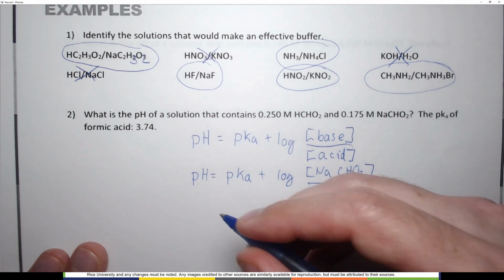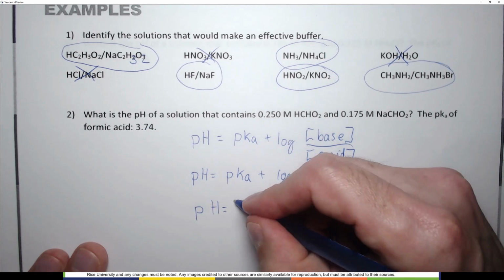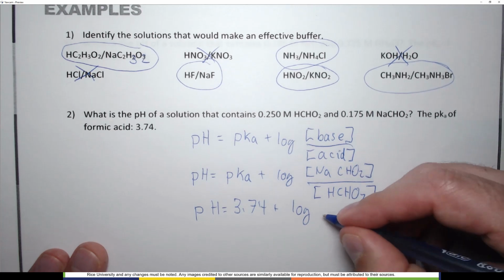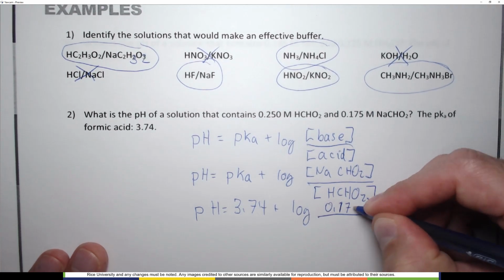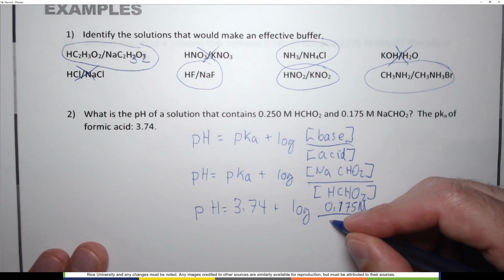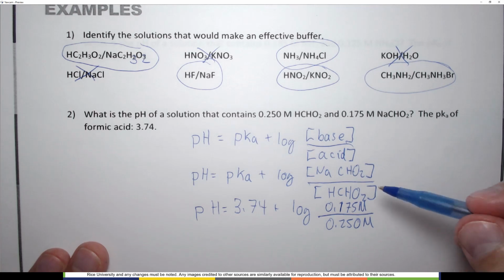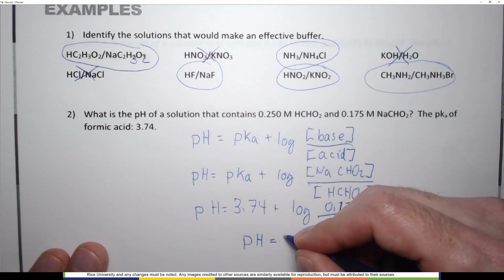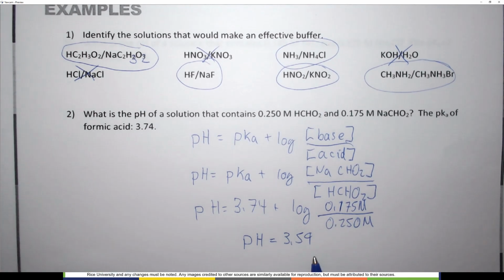All right, so pH equals pKa, we're given 3.74, plus log of 0.175 molar over 0.250 molar. And when we do all that math, we find that the pH equals 3.59.